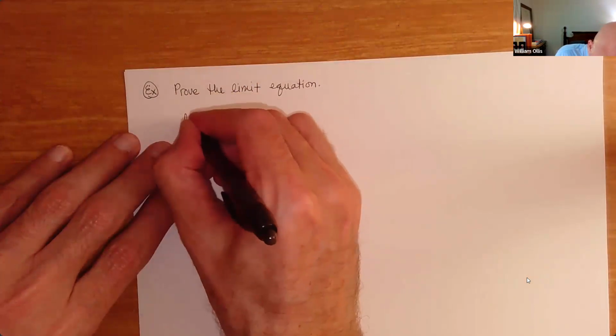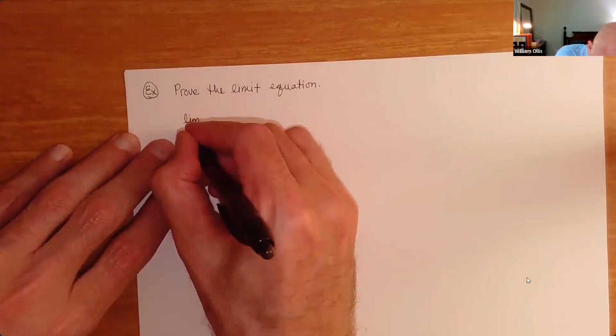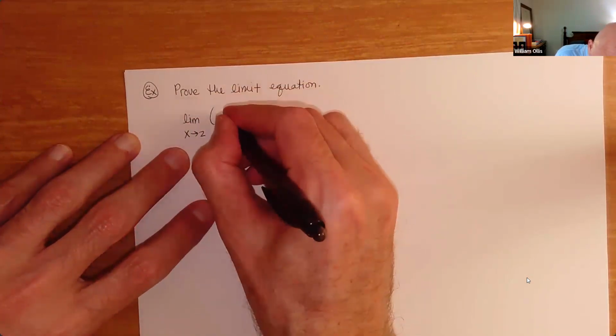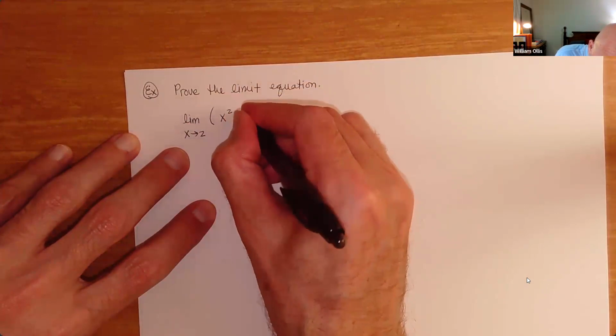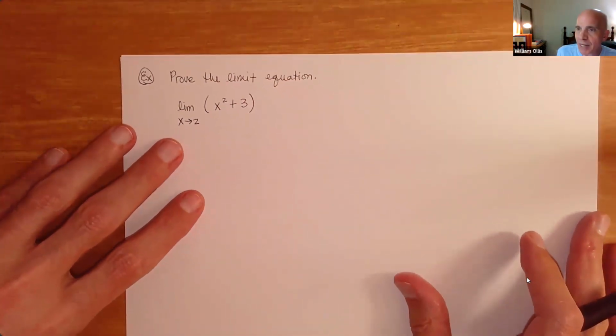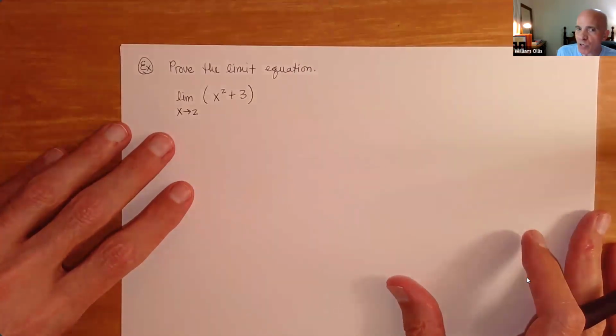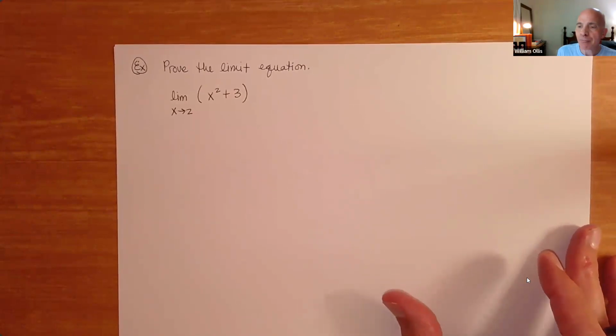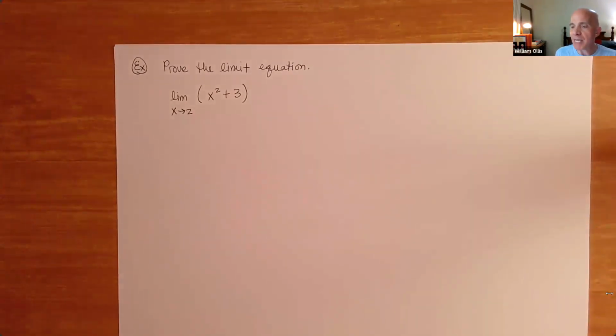So we're going to have the limit as, we'll keep it simple, x approaches 2 of x squared plus 3. Now, of course, we can work with quadratics, but we have to work a little bit harder. So what I want to do is just at least give you examples where there may be some need to do more estimations, that is, create some kind of delta neighborhood about C before we move on with the computations.